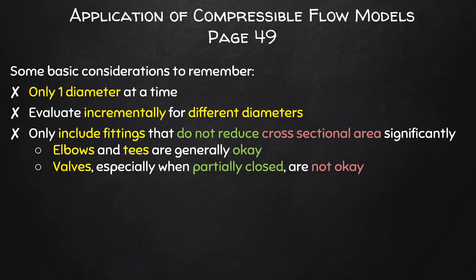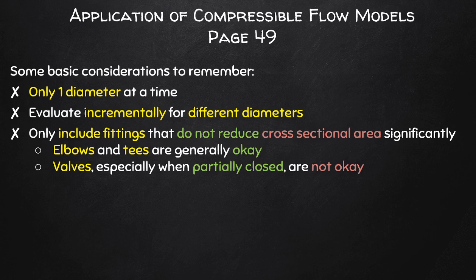On page 49, we are provided with a thorough discussion of how to go about accounting for this issue. Firstly, only consider one diameter at a time, since the equations do not accommodate changes in diameters. Secondly, evaluations must be completed incrementally for different pipe diameters.